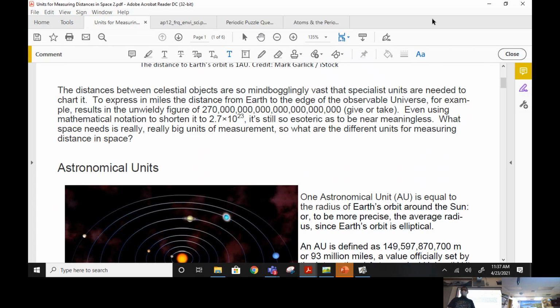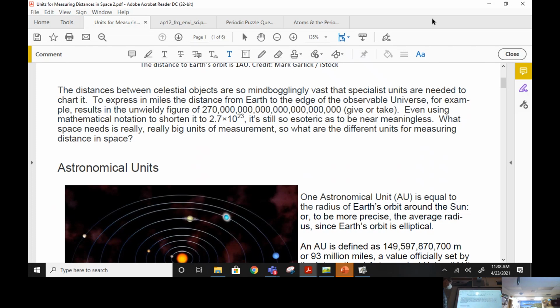The distances between celestial objects are so mind-bogglingly vast that specialist units are needed to chart them. To express in miles the distance from Earth to the edge of the observable universe, for example, results in the unwieldy figure of 270 crazy gazillions of miles.